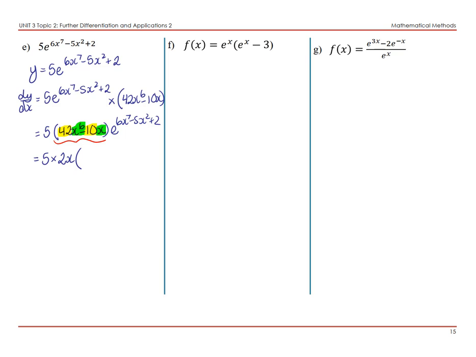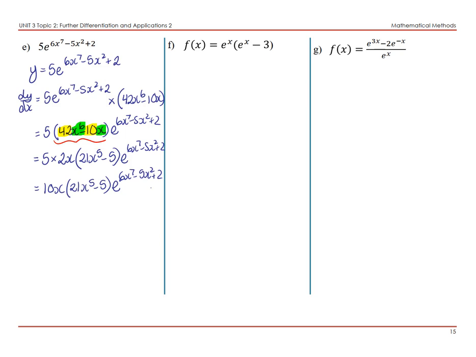So I'm bringing 2x out, and I'm left with 21x to the 5 minus 5, e to the 6x to the 7 minus 5x squared plus 2, and that becomes 10x, 21x to the 5 minus 5, e to the 6x to the 7 minus 5x squared plus 2.